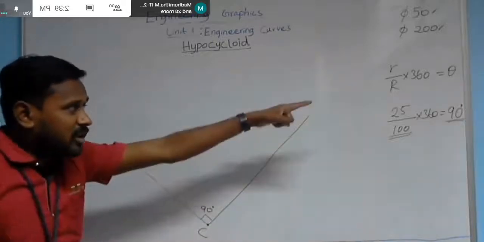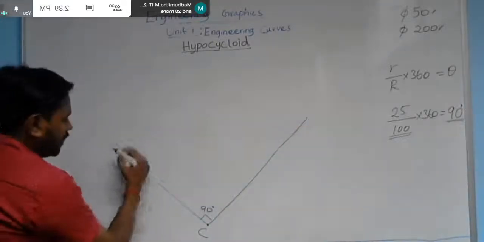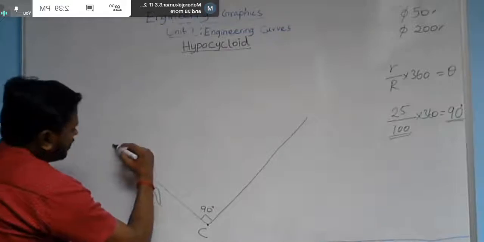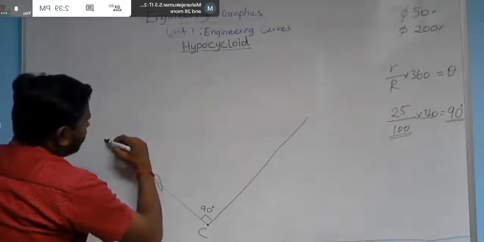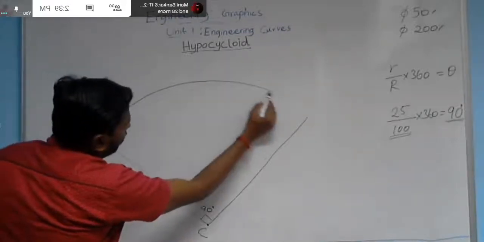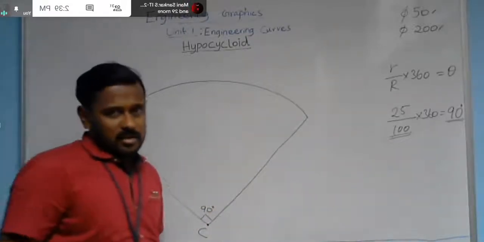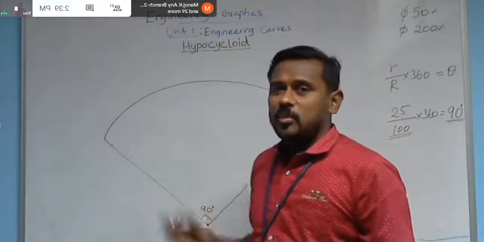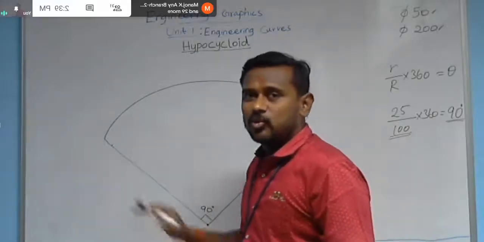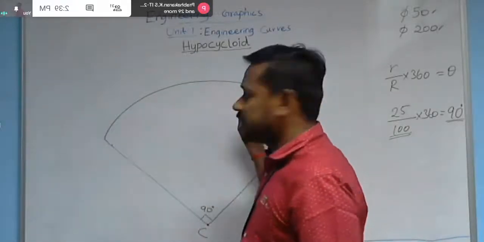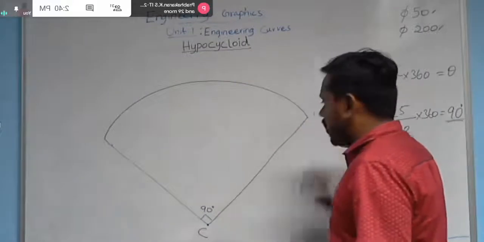This is the theta value we found out. With 100 mm radius, draw the arc. This arc is nothing but the directing arc, the arc which is going to be the pathway of the generator circle to facilitate its rolling inside.